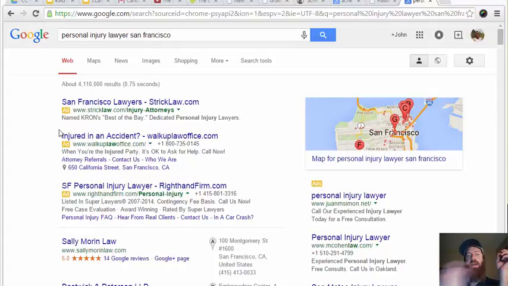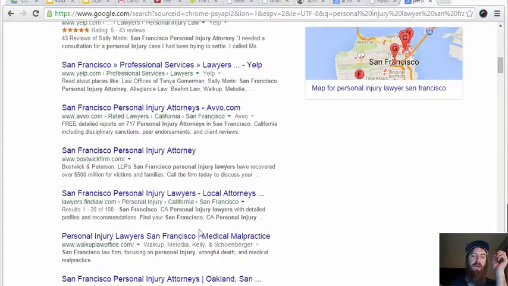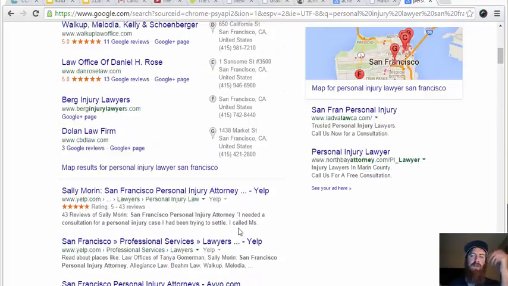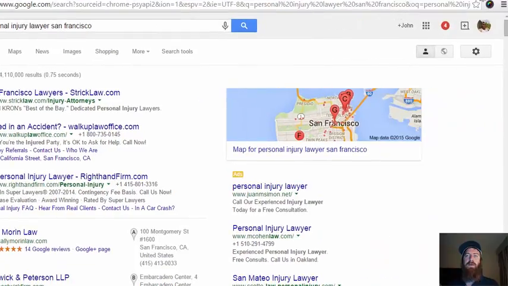Injured in an accident, write it out on a note card. San Francisco personal injury lawyer, write it out, etc. Find more headlines, find more ad copy that you can use to make your case, basically.